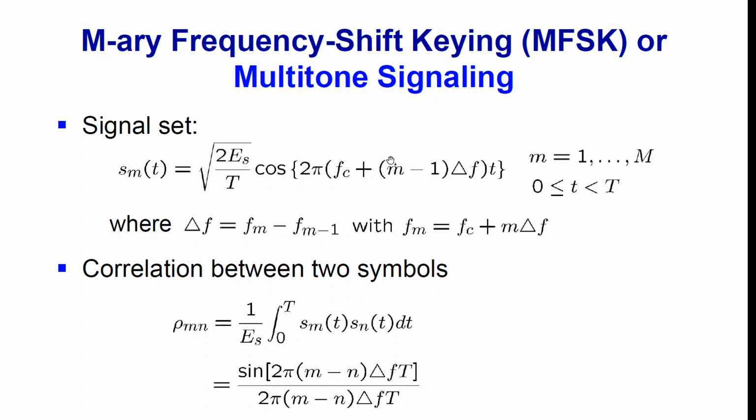Each symbol will have a different frequency. We will choose capital M different frequencies. Usually it is represented like this: Sm of t equal to root of 2 Es by T cos 2 pi fc plus m minus 1 into delta f into t, or fm equal to fc plus m delta f.